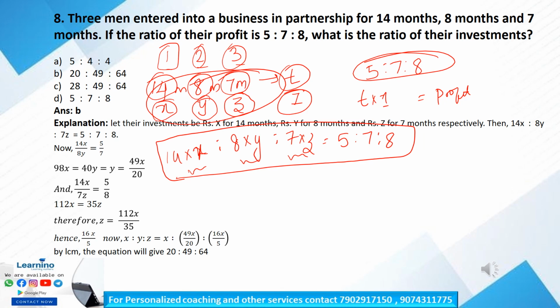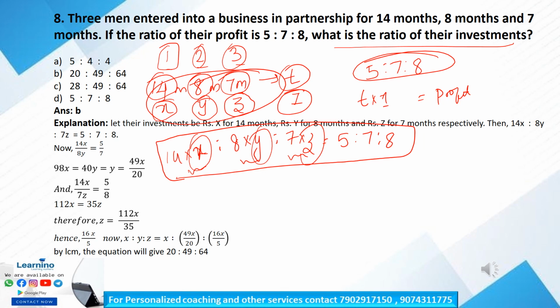The question asks for the ratio of their investment, so we have to find the x value, y value and z value. In order to find that, we have to convert each term into a single term, either x or y or z. For that, let us take the first two terms.